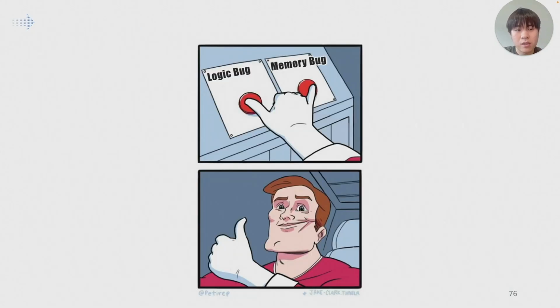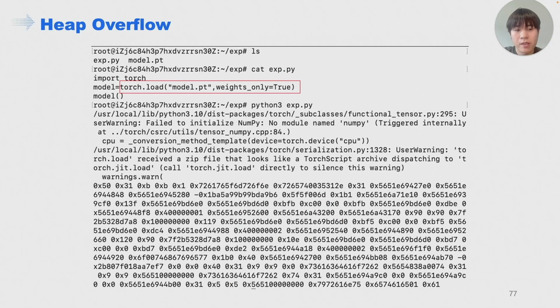The vulnerabilities we have discussed so far might be more similar to logic vulnerabilities. On the other hand, some hackers may prefer memory-related vulnerabilities. We have also discovered a few overflow issues. Here you can see that when we load this model.pt file, it triggers a heap overflow. As a result, we can observe that the heap address and the loaded address of the library are leaked.